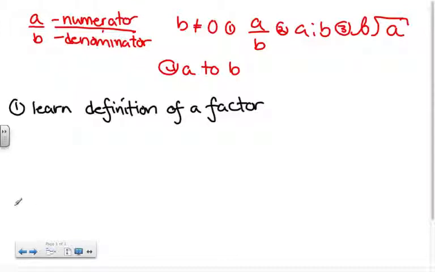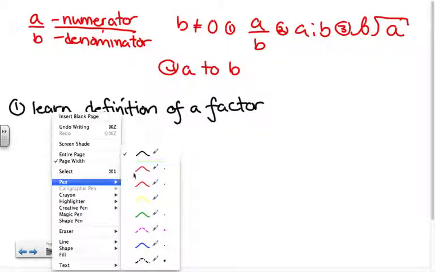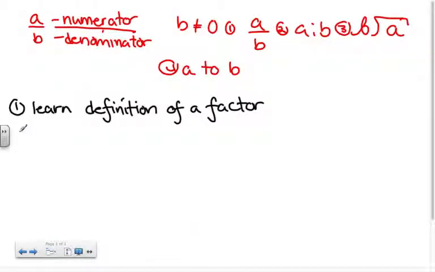And to give you a simple definition of a factor to work with, we'll use the color purple. Since your book really doesn't give it a word definition, it just tells you that numbers are factors.